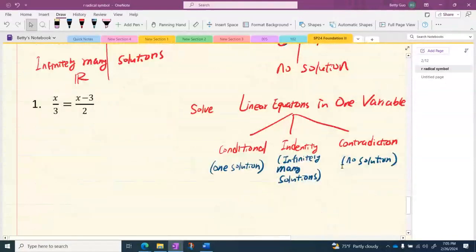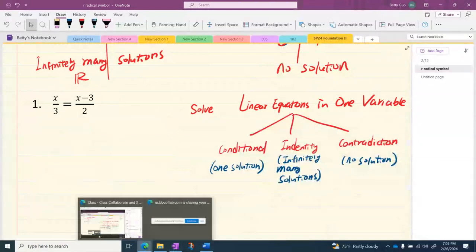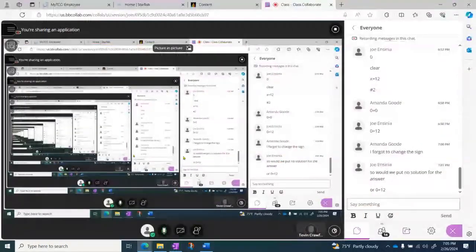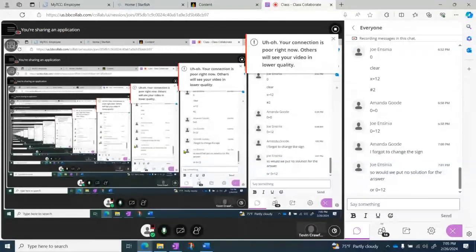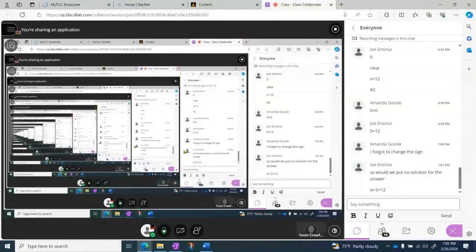All right, yeah. At this point, we're pretty thorough about solving linear equations. So would we put a no solution for the answer? Yes, we should put a no solution for the answer. 0 equals 12 is the last step showing us the equation is a contradiction.